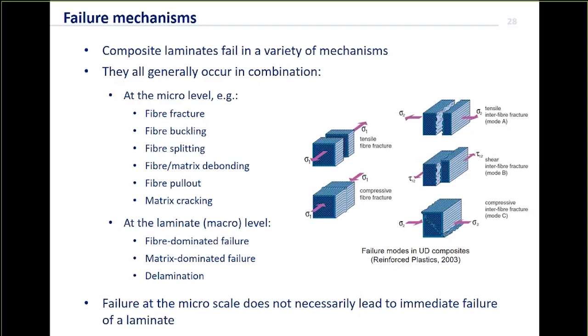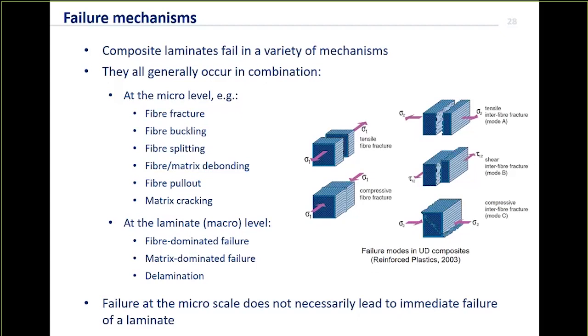At the microscopic level, you may get fibre fracture, fibre buckling, splitting, debonding of fibres from the matrix, fibre pull-out, matrix cracking. These are all things that are going on within each layer.